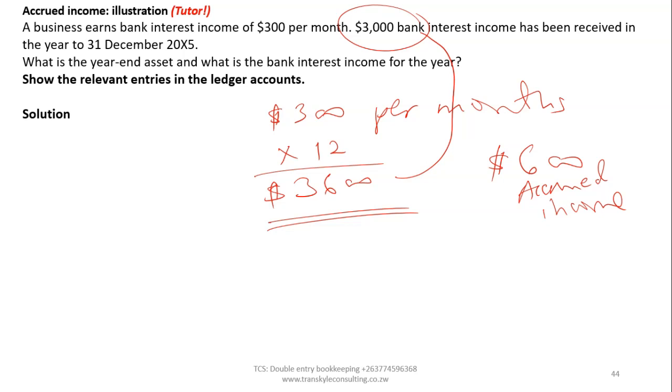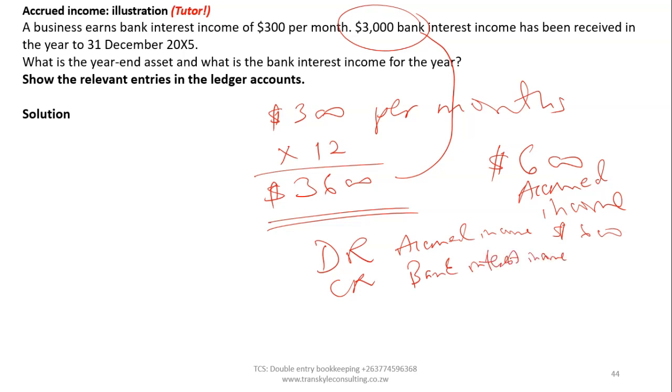For this accrued income, you have to debit accrued income $600 and credit bank interest income. So simple, isn't it?